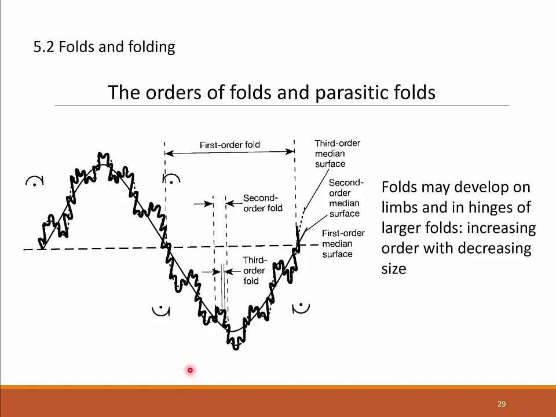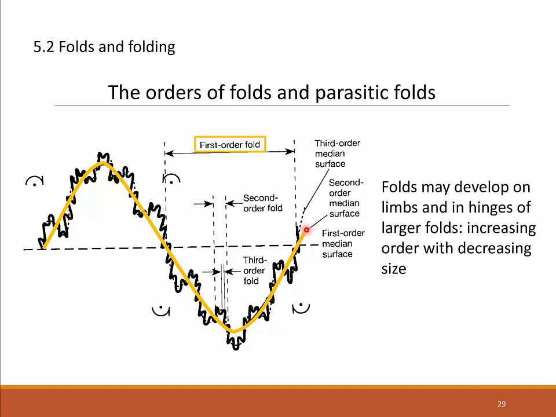Another important feature that we observe in folded terrains are folds of different order and parasitic folds. Let's find out what we mean by that. If we follow the orange line here, we see that overall this layer is folded into one major antiformal and one major synformal fold.